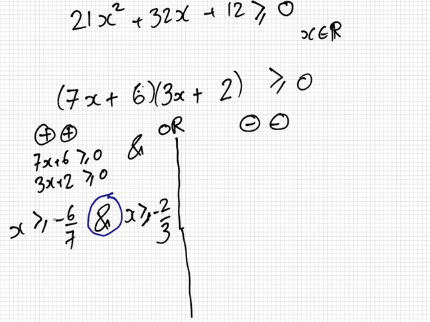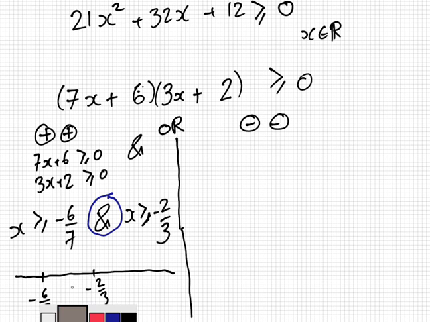Let's have a look at a number line. This one is further to the left, minus 6 over 7, and then here will be minus 2 over 3.